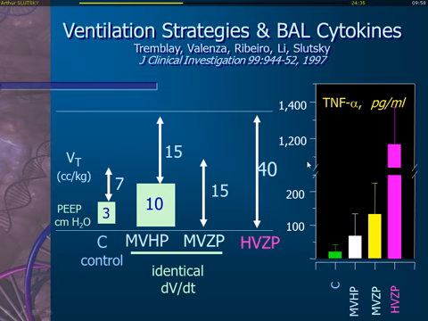If we ventilated with high tidal volume, stretched the lung a lot, let it collapse completely, there was about a 50-fold increase, there's a break in the axis here, 50-fold increase in TNF alpha. So a pretty marked increase.